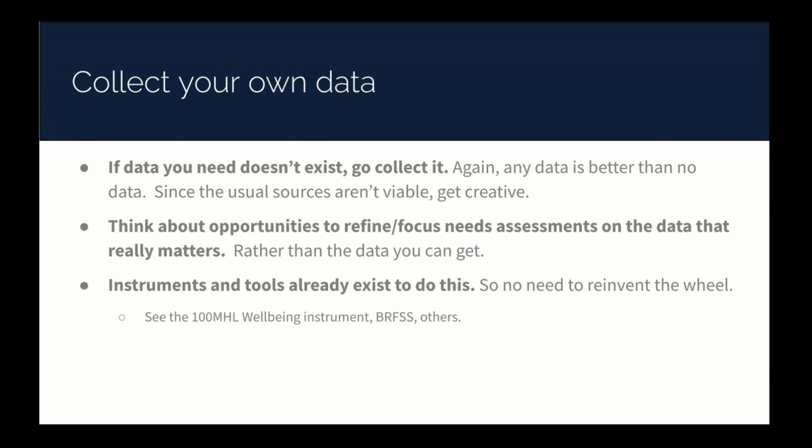Some of the ones that we've had experience with and think can add a lot of value, for example, would be the well-being instrument that the 100 Million Healthier Lives team put together with IHI. This is a community-level survey that's very simple to administer, but gives you, I think, a strong sense of overall direction. Are people thriving or suffering within a community, and in which particular areas? So it can be a really helpful compass to guide further analysis.